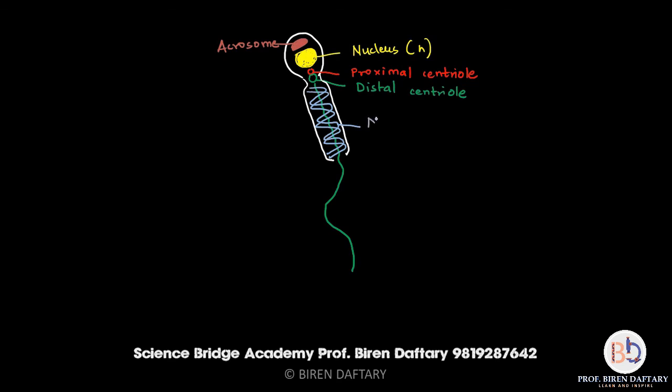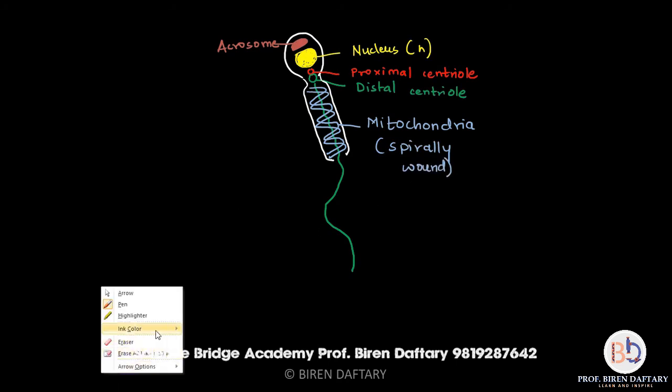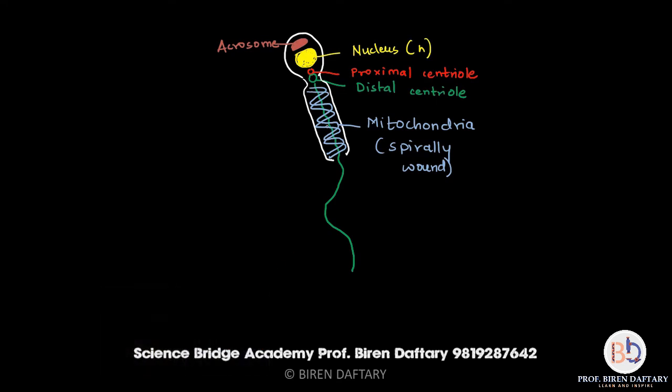Mitochondria, in brackets, spirally wound. Alright, and I think we should also label the axial filament, so we will do that. The axial filament is given by the distal centriole.